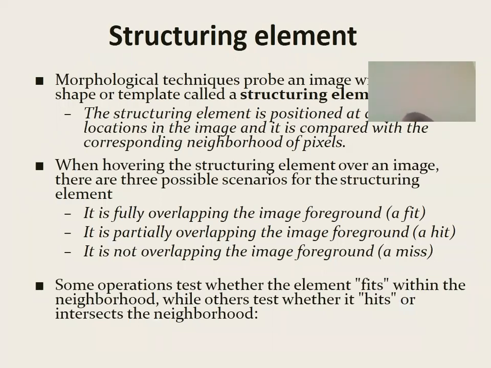The structuring elements that we define should be experimentally checked to identify which structuring element is working better for that given image collection. They may be 100% fitting to the image, or they may be partially fitting to the image, or there is no overlap between the structuring element or the window and the original image that we are checking. So if it is fitting, then we can take 1 or 0 automatically.